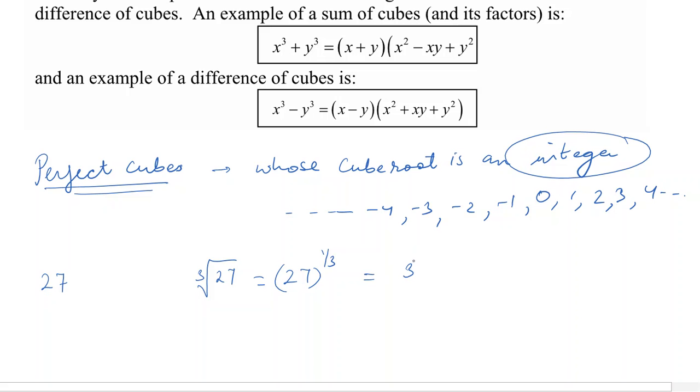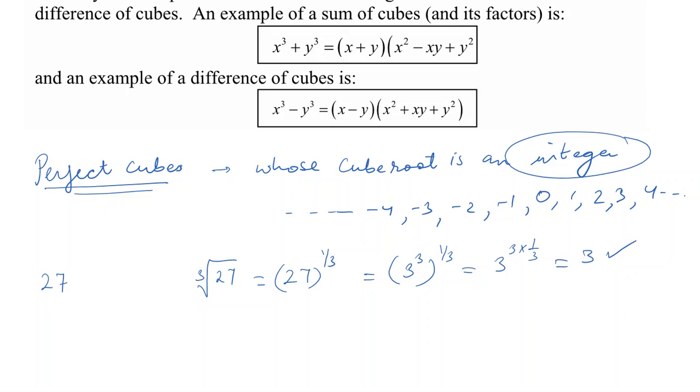So 27 is 3 cubed, and then we have the whole raised to the power 1/3. And we know that when you have a power of a power, powers are multiplied. So in this case, the 3 and 1/3 get cancelled. You're going to have 3, which is an integer. So the cube root of 27 is an integer, so 27 is a perfect cube.